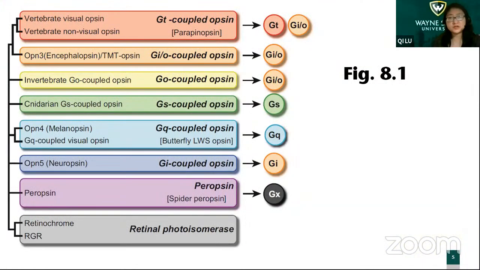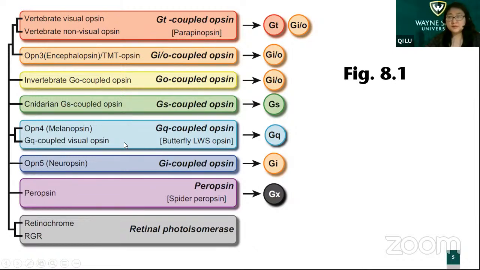So in this book, it generally says that there are about 8 types of different opsins. Some activate GT, and one of the opsins we're going to talk about today is parapinopsin, which comes from the lamprey or other fish, first discovered in catfish. This one is GT coupled, and others are GI or GO coupled or GS coupled.